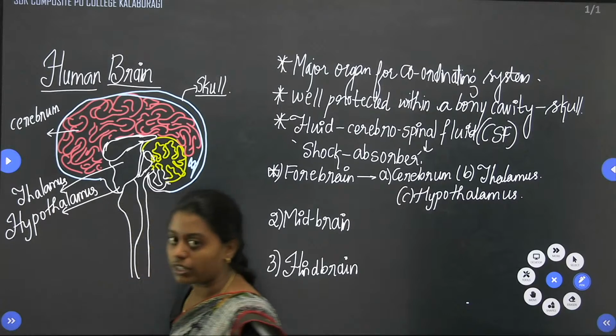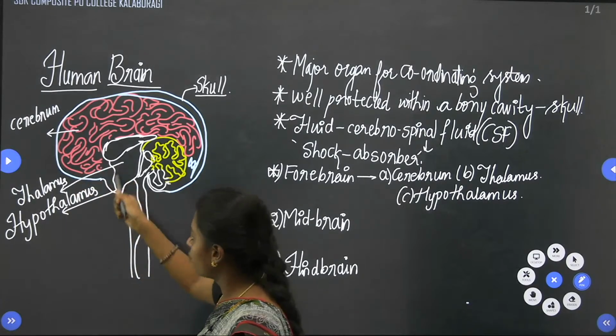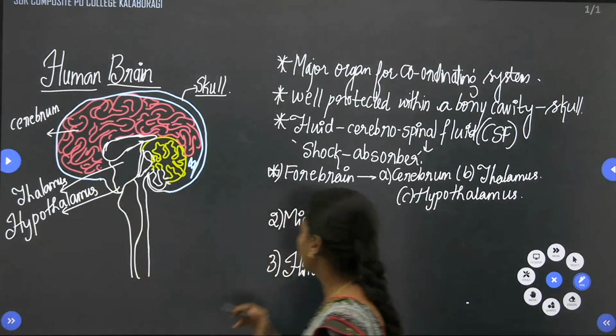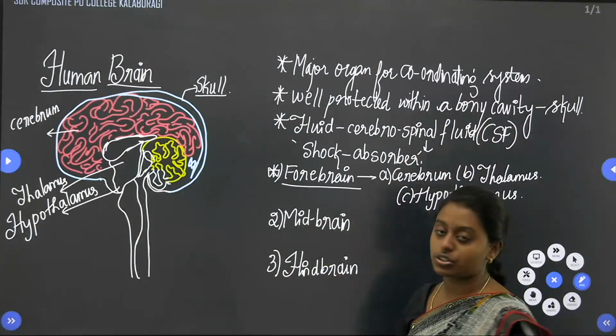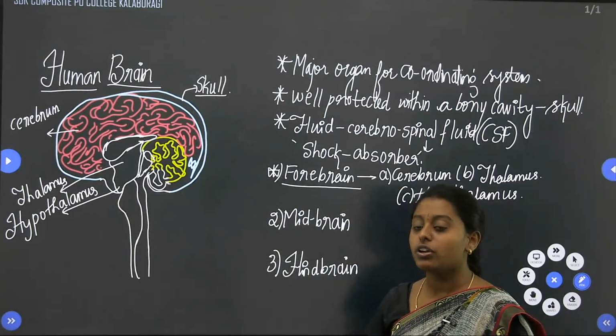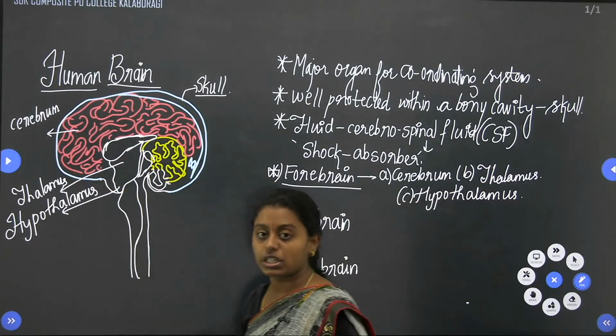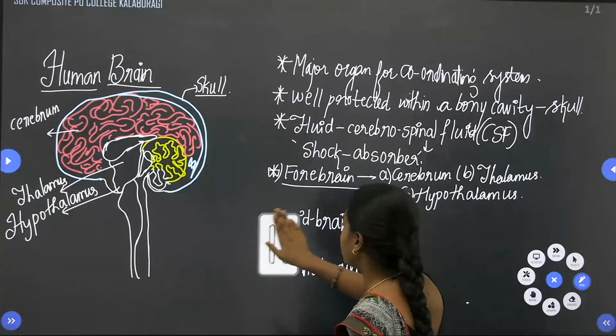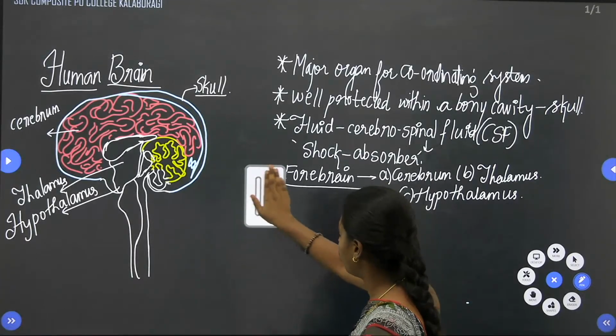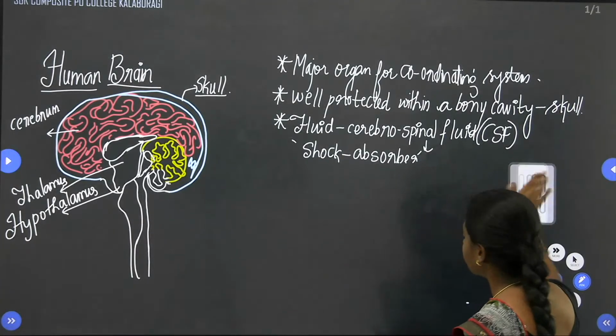All three together, cerebrum, thalamus, hypothalamus, are constituting the forebrain. When we see the structure within the cerebrum, it is the region which contains three different types of areas within it.